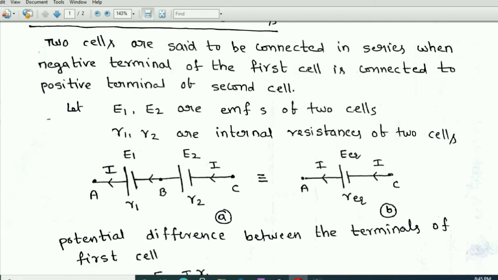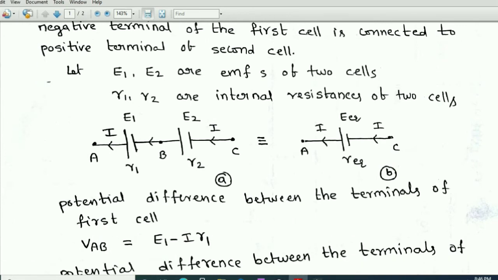Now, to get the total potential difference between the points A and C, first we are going to find the potential difference across the two cells individually, then we are going to add them.